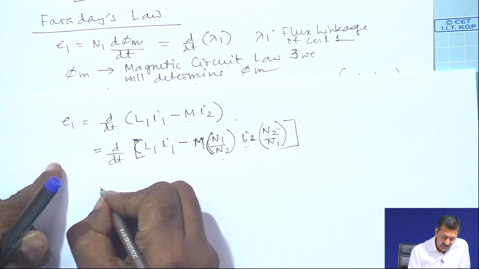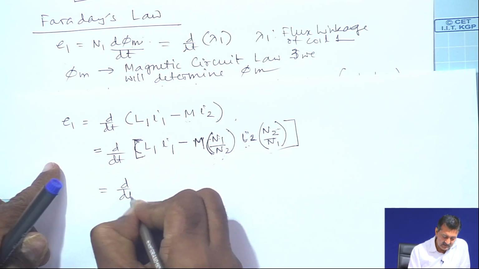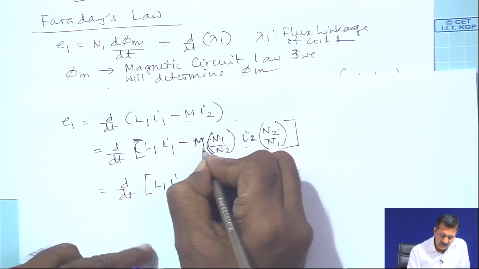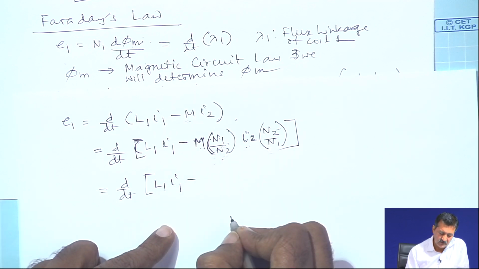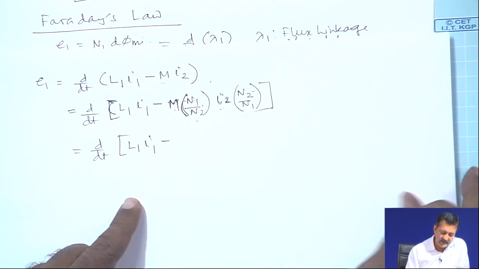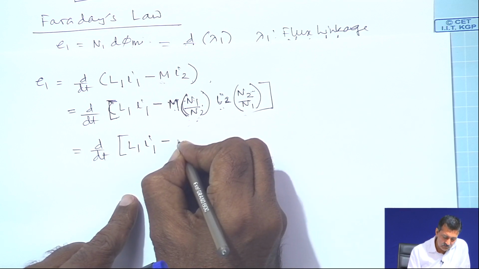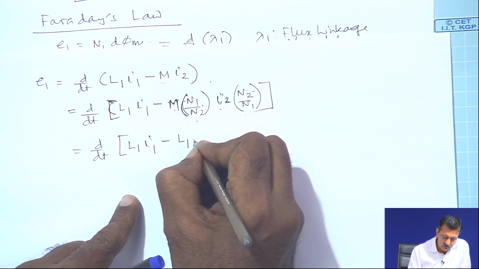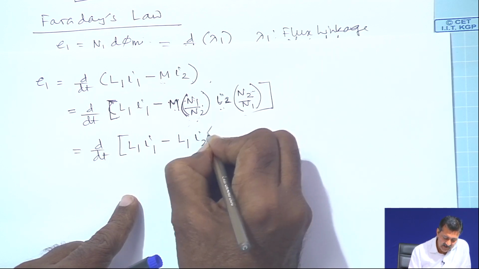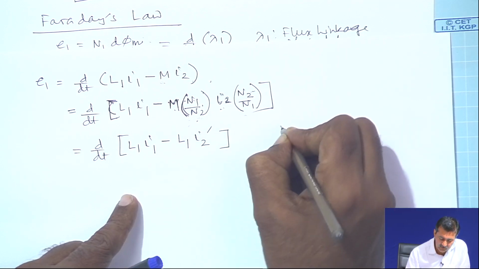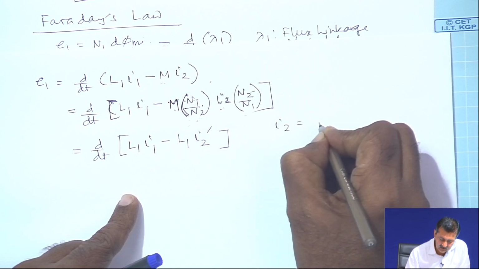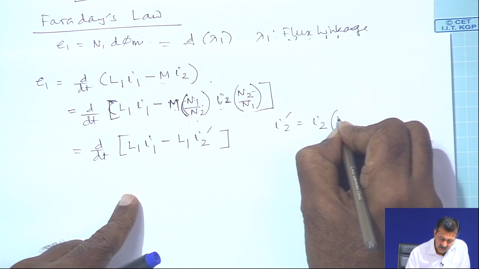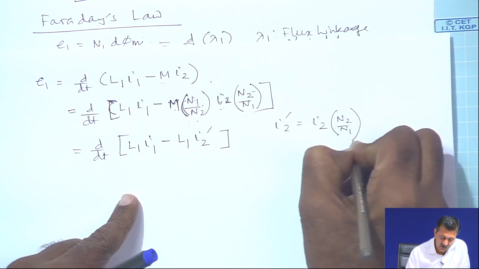So, if I do that, what I get is d dt of L 1 I 1. Now, M into N 1 by N 2, we already know that it would be equal to L 1, into I 2 dash. So, I am defining a new variable I 2 dash, which is equal to I 2 into N 2 by N 1.